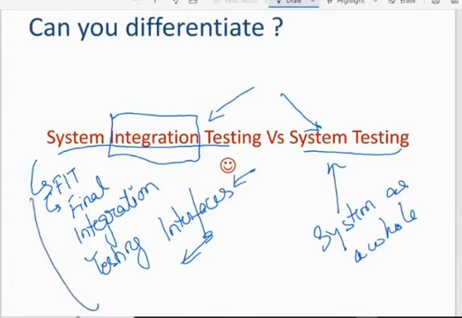So in case of final integration testing, what we do is we integrate the entire system and then we test it, but our intentions are to look for the interfaces. In system testing, I'm looking for the entire system as a whole. Right. So this is what differentiates these two testing activities.